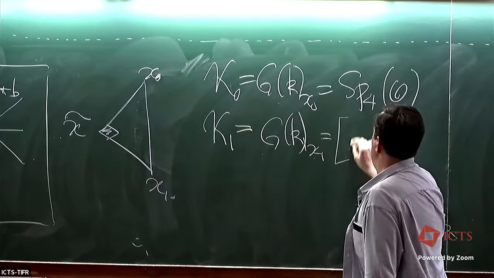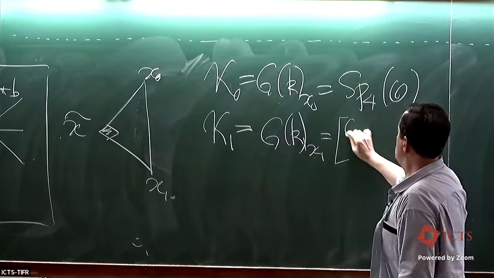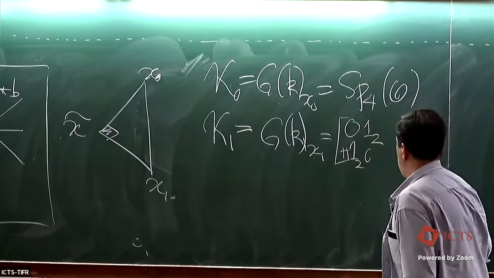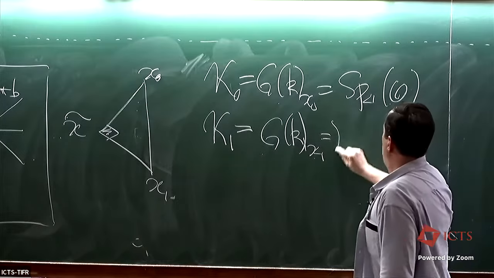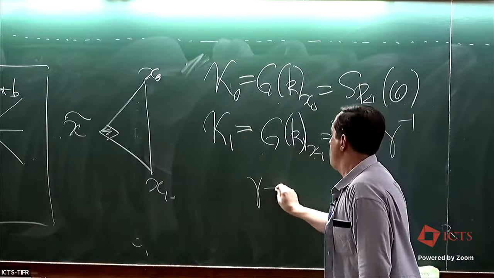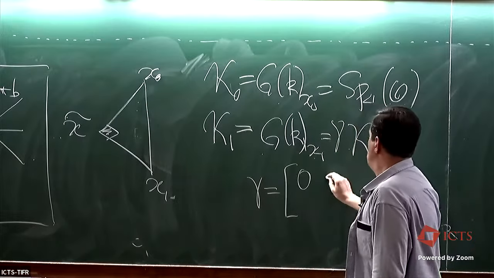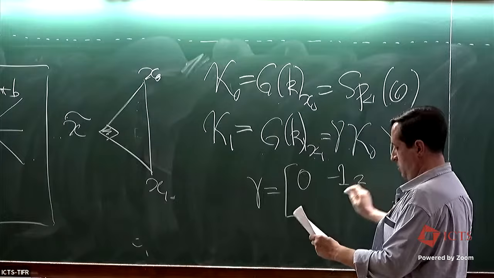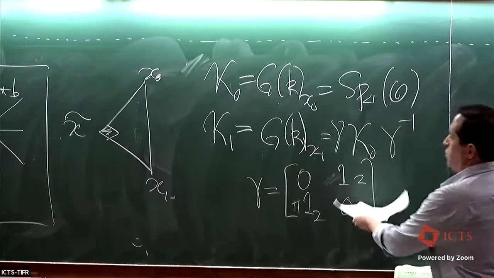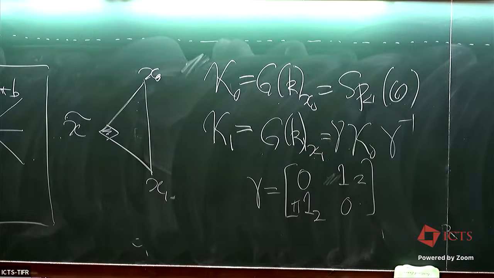Well, this turns out to be conjugate by the following: gamma K0 gamma inverse, where gamma is 0, minus 0, 1, pi 0, a bunch of 2 by 2 blocks, as a 4 by 4 invertible matrix.